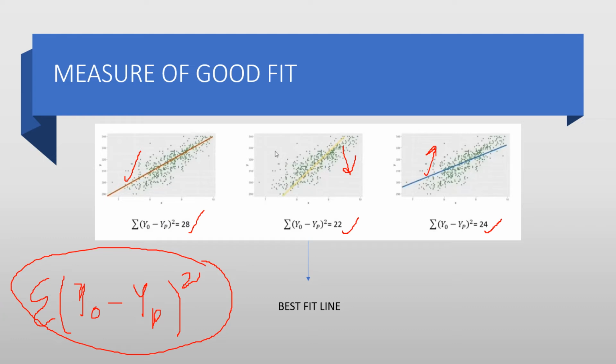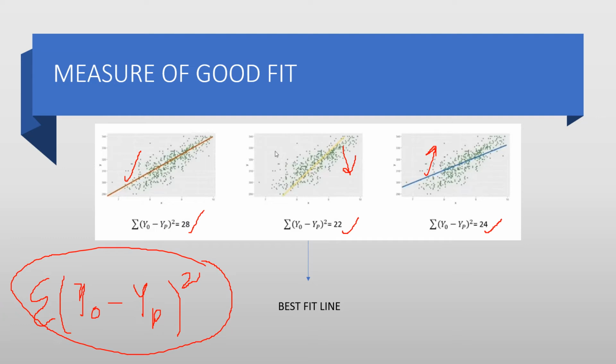As I have already discussed in the previous video also, the residual, that is the difference between the actual value and the predicted value, must be small, so that we can have the result closer to the actual result. So we are choosing this as our best fit line here.